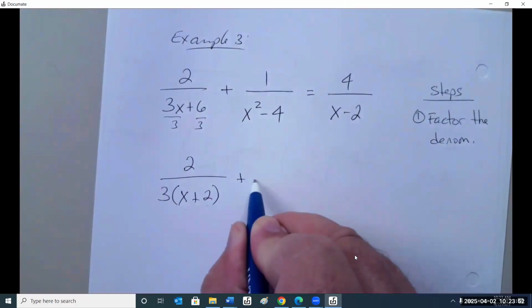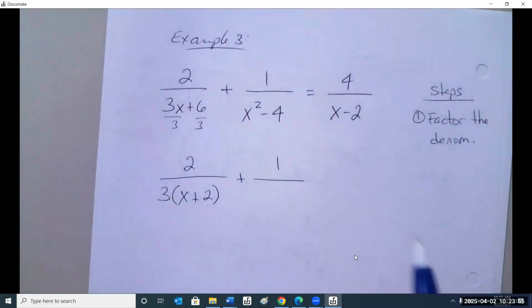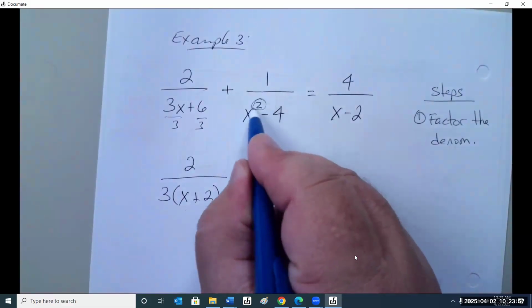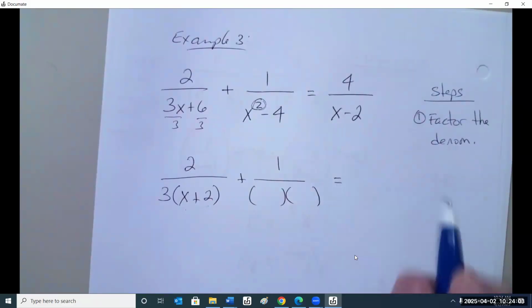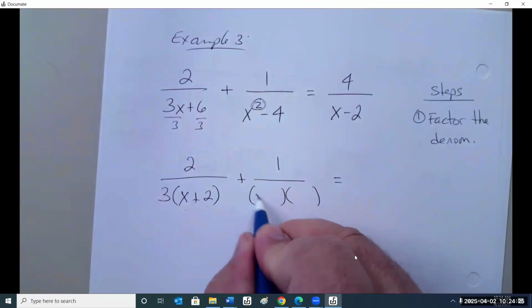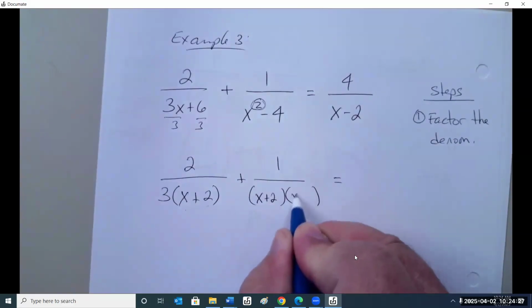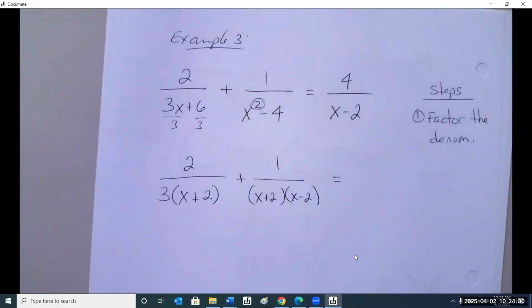Now, how about the second one? It's a quadratic expression, so we're going to have 2 parentheses. Very good. Excellent. x plus 2, x minus 2. How'd you get that?